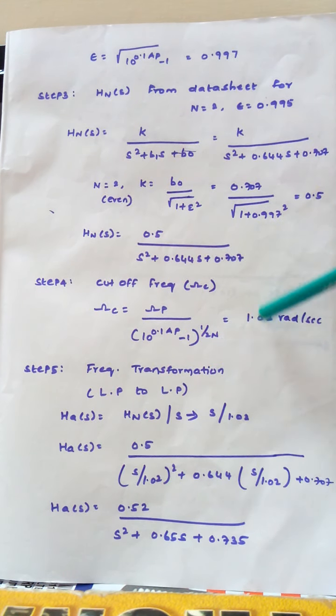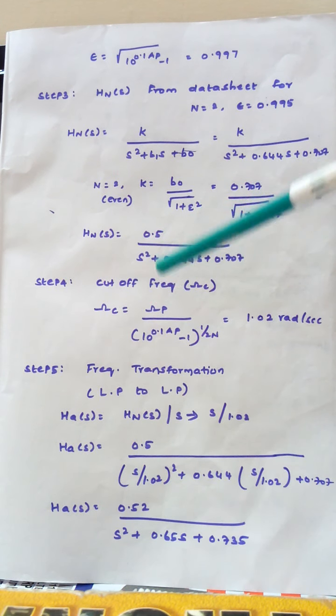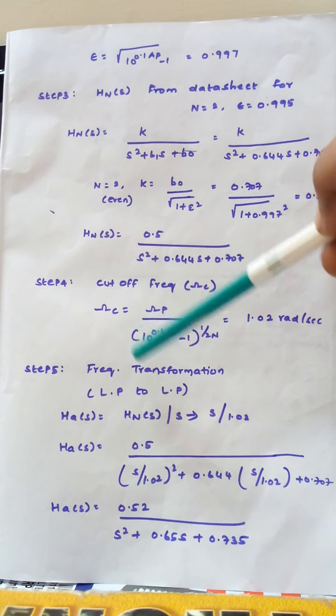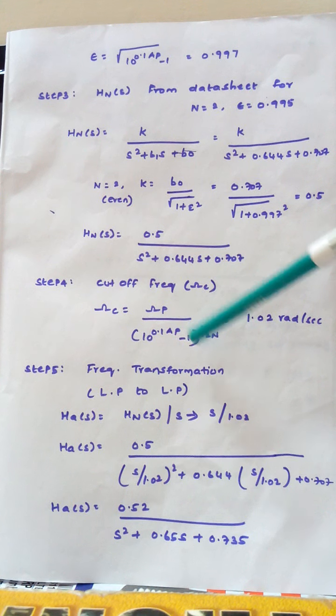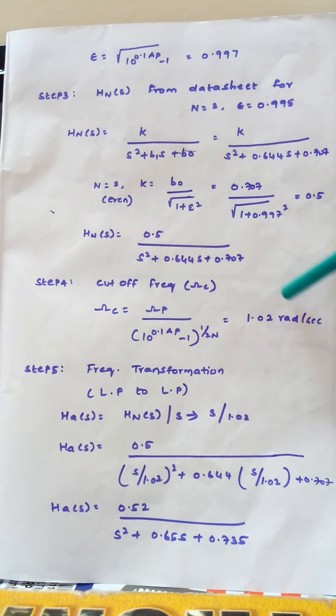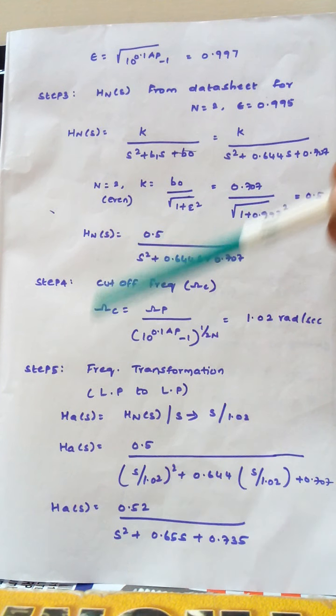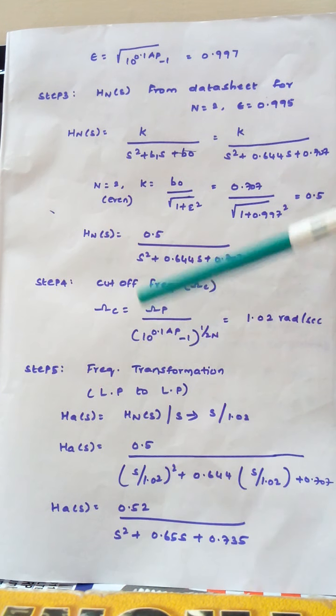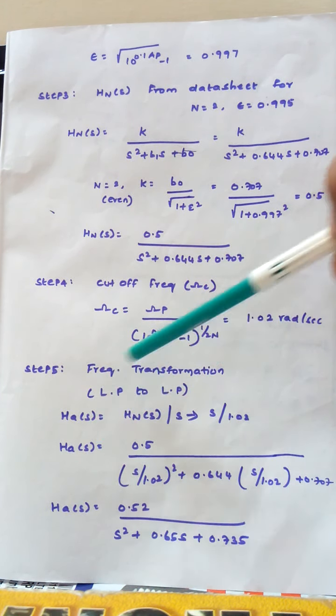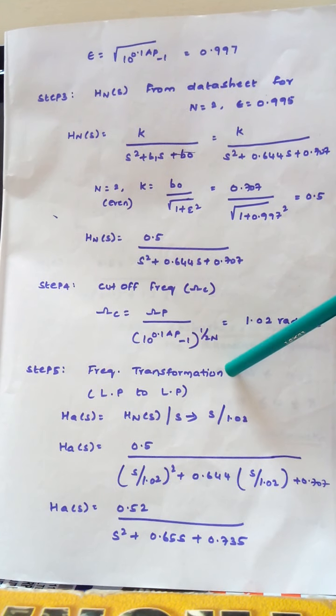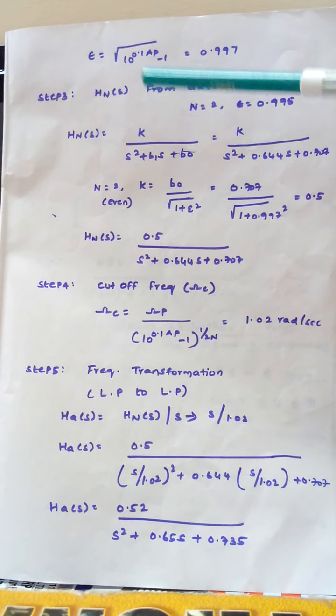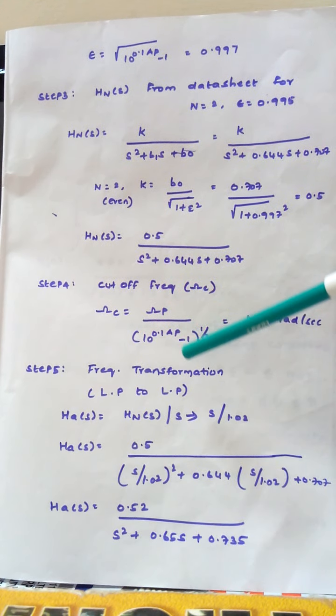Now the next step is to find the cutoff frequency. The formula is omega P divided by 10 to the power of 0.1 AP minus 1 the whole power of 1 by 2n. We are getting 1.02 radian per second. Next we have to find HA of S, for which we go for the frequency transformation. They didn't mention anything in the question, so we can take low pass to low pass.